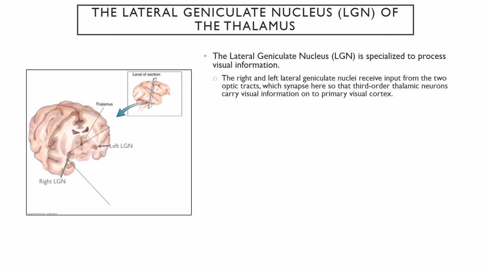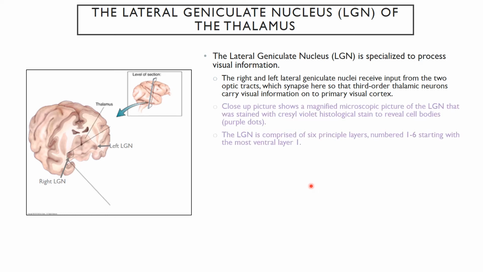Alright, so the lateral geniculate nucleus of the thalamus is specialized to process visual information. We have the right and left lateral geniculate nucleus, and they receive input from the 2 optic tracts, which synapse here so that the third order neurons carry visual information onto the primary visual cortex. Okay?